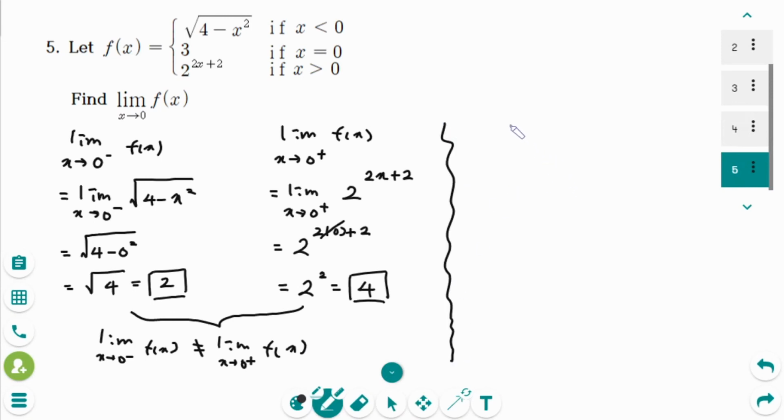So limit of f of x as x approaches 0 does not exist.